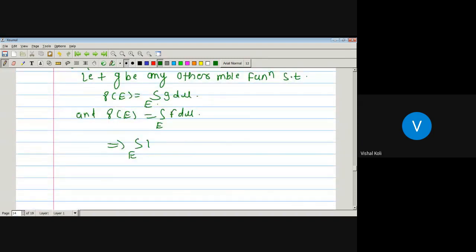Therefore, the integration over set E of f d mu is nothing but the integration over set E of g d mu.